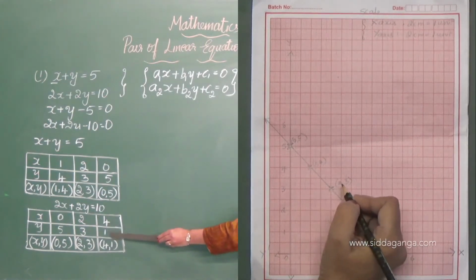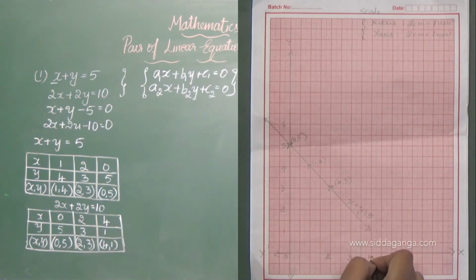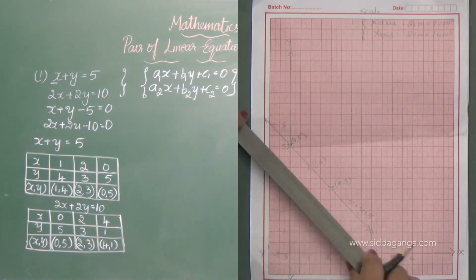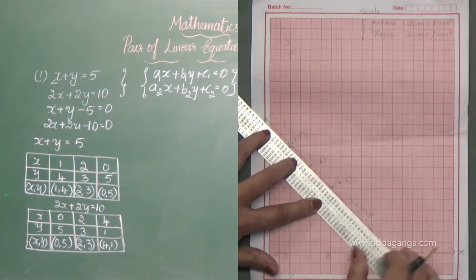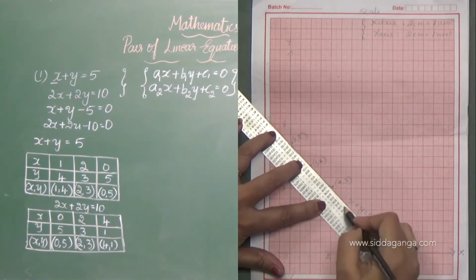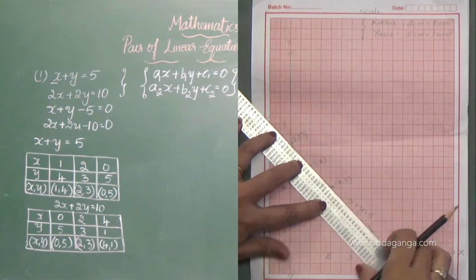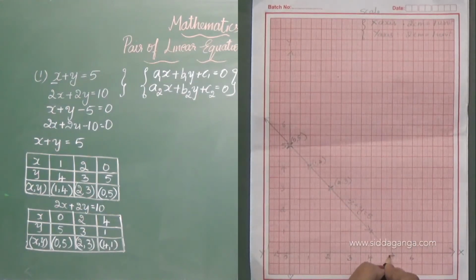Then 4, 1. If you extend this line, the point 4, 1 is on this line only.